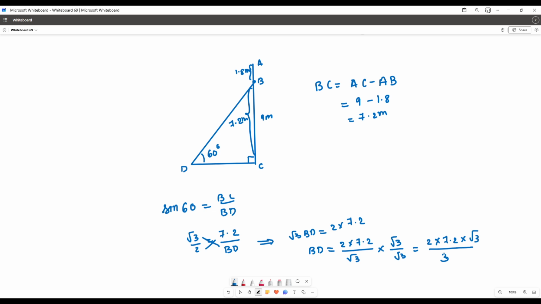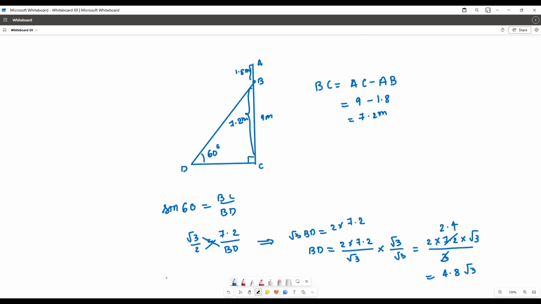If you observe, we can cancel 7.2 and 3. 7.2 by 3 is 2.4, and 2 into 2.4 is 4.8. So the length of BD, which is the length of the ladder that should be used, is 4.8 root 3.